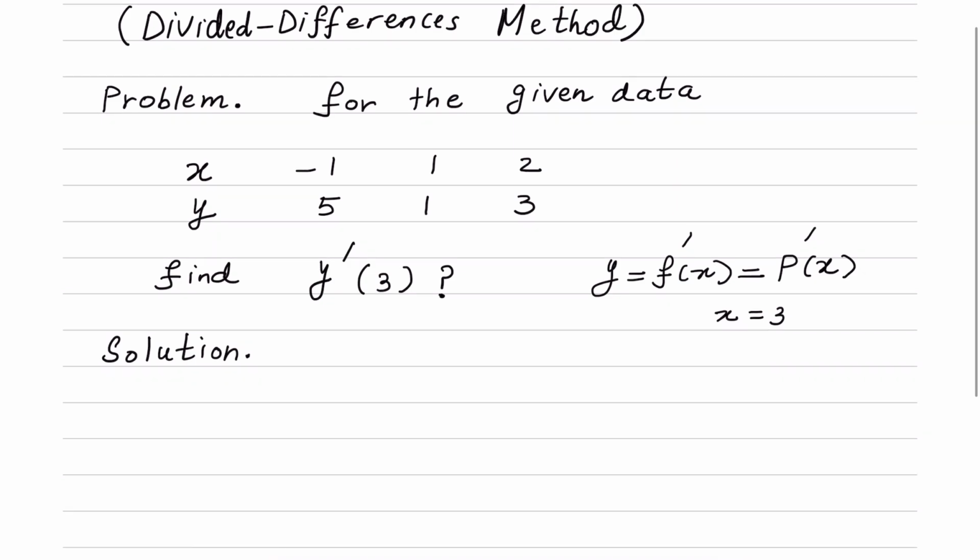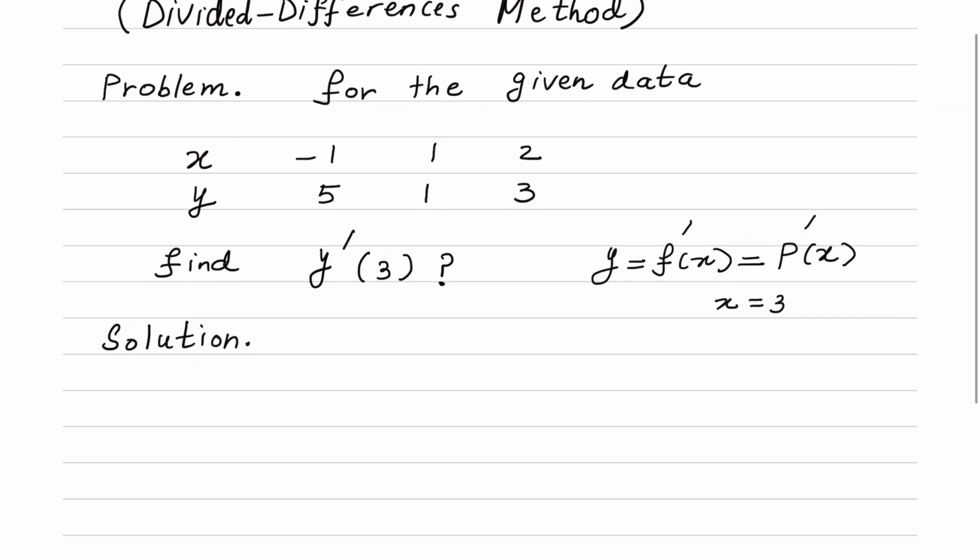Now to decide the method with which we will construct the polynomial, we will have to look at the data. The data values are -1, 1, 2, 5, 1, 3. So we have to see if this data is equally spaced or not. To see that, we calculate the difference between every two consecutive x values.